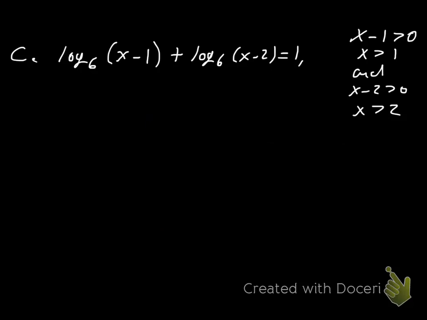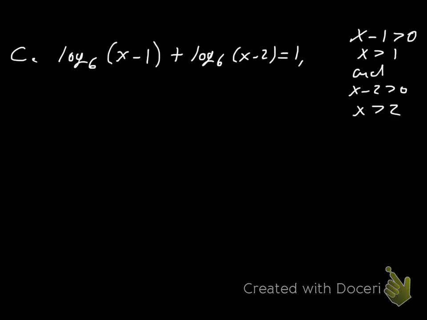All right, let's increase the difficulty just a touch for log equations. This time I have 2 logs, so we're going to want to condense them in a minute here. So what I'm going to do first over on the right is I'm going to note my restrictions. So x minus 1, the argument in the first log, needs to be greater than 0. So that gives me the restriction that x is greater than 1.